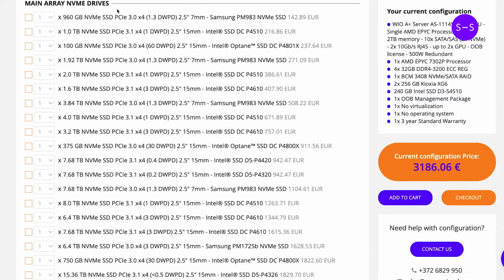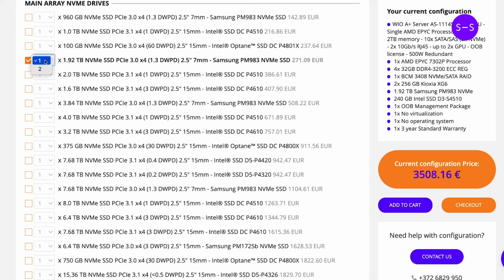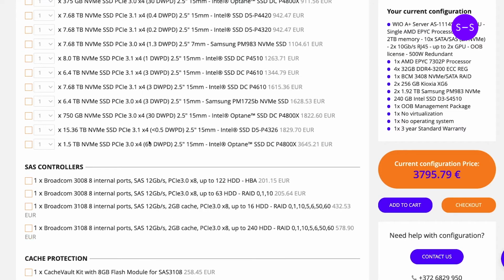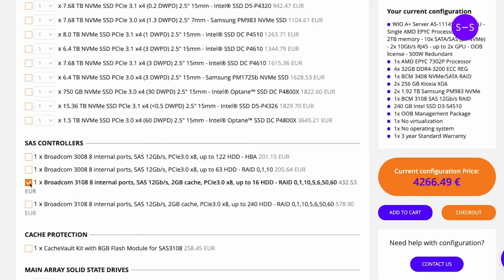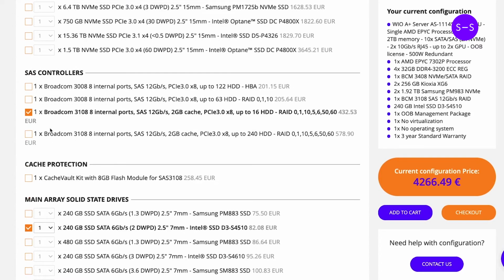Main array NVMe drives, remember I mentioned that 2 is possible to select. Let's say for different database applications and caching, for example. Let's use 2 of these NVMe drives. This is truly faster storage in this very common system, and this is very good performance. We would suggest this Broadcom RAID controller that supports up to 16 HDD.